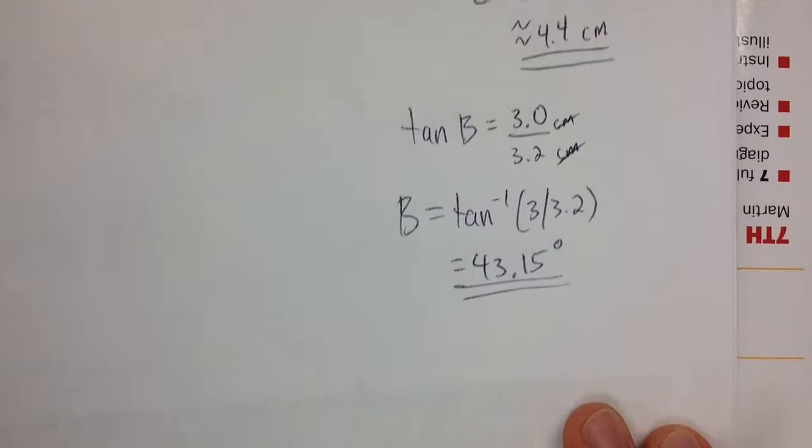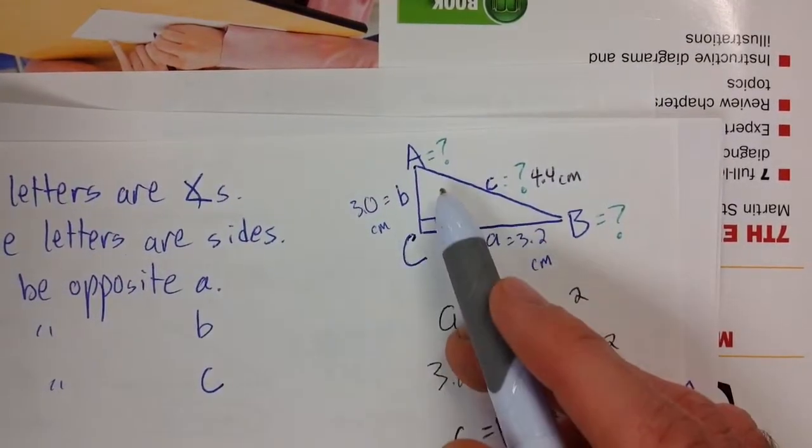Then, to find A, you can just use the fact that angles in a triangle add up to 180.